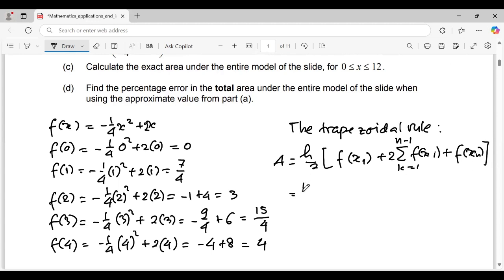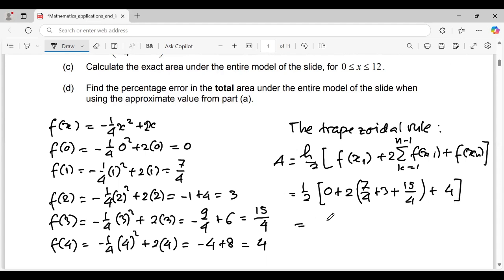So it's going to be 1/2 because h is equal to 1. It is 0 plus 2 times the sum: 7/4 plus 3 plus 15/4 plus 4.